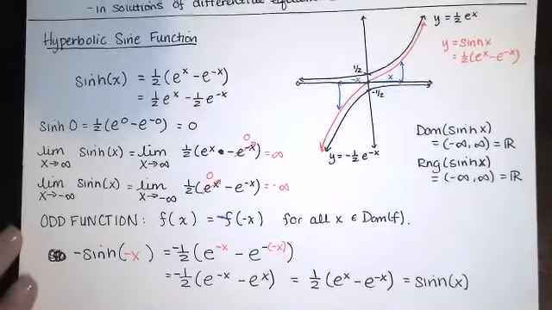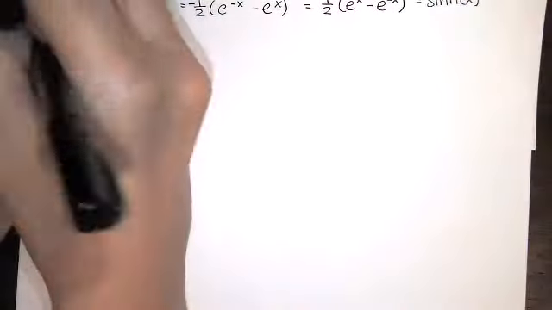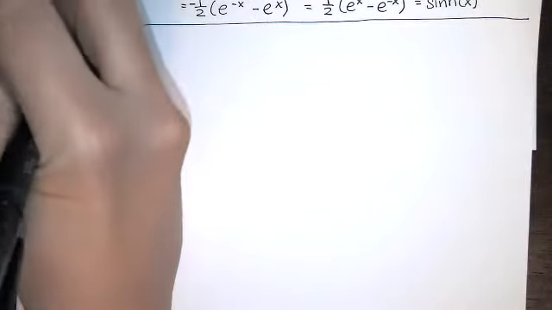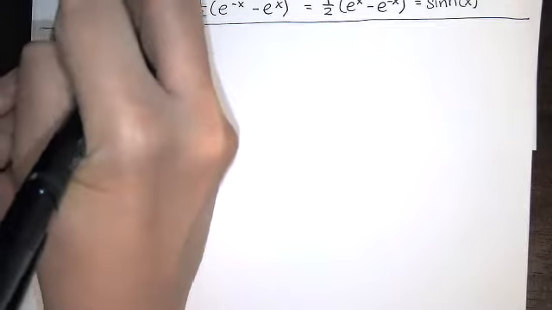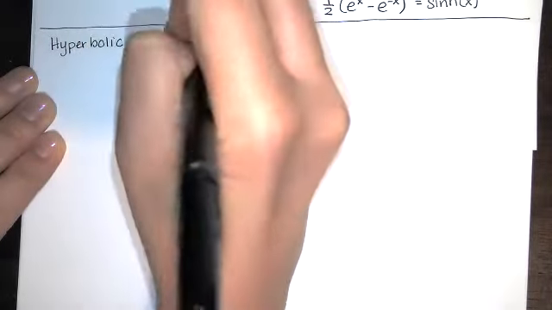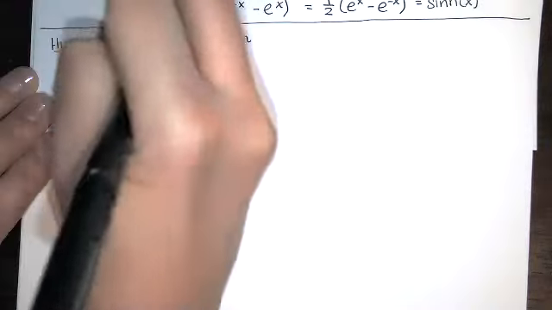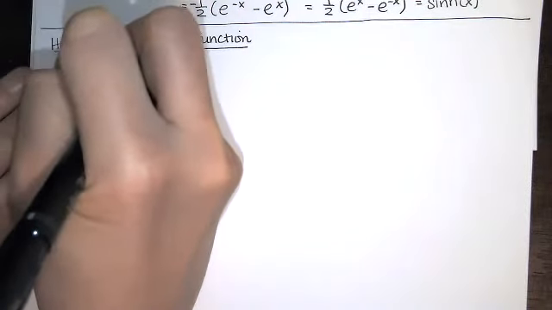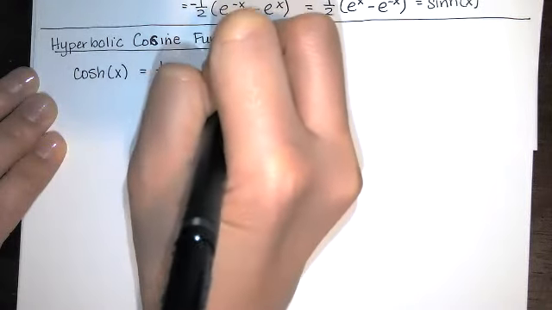Hyperbolic cosine is very similar. Looks like this. That's 1/2 of e to the x plus e to the negative x.